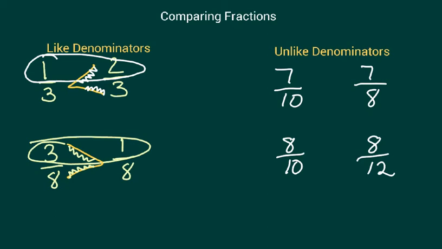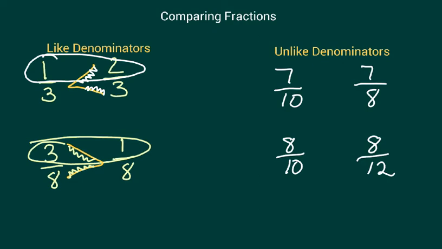So now let's look at examples with unlike denominators. So here in my first example, I have 7/10 and 7/8. Well, since the denominator is different, that's all I really need to look at. So I say to myself, how many kids would I rather split my candy bar with? So I'm looking here, okay, I have 10 and I have 8.